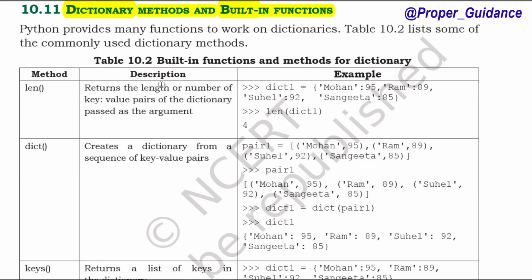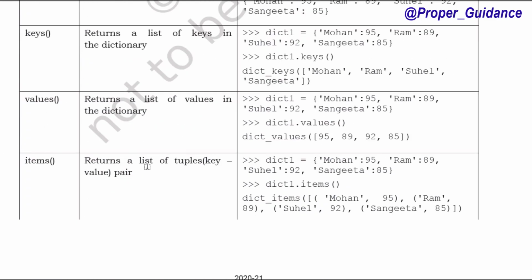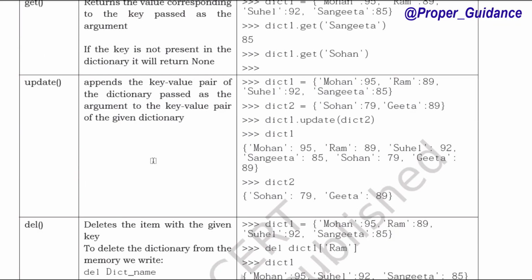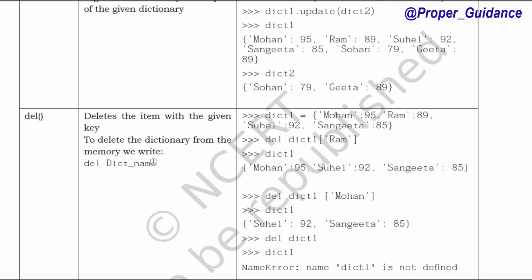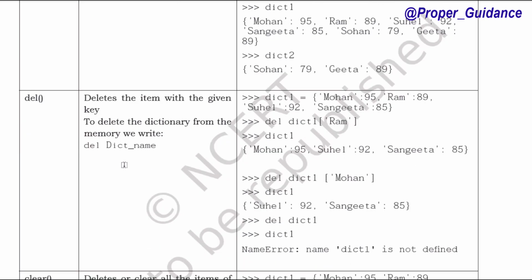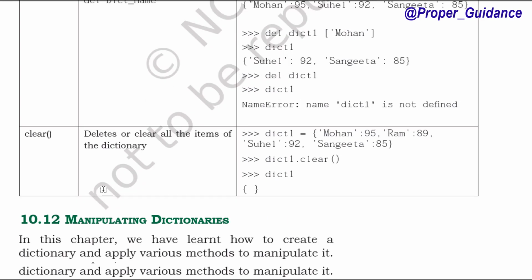For dictionary, these methods are used, and here method names are given, and description is also here, and the examples are also here, very easy to understand. Please go through. I am not telling all these things because the video will be lengthy in nature. First you download this, or you can pause my video and go through this particular thing, or you can download this NCERT study material and go through.